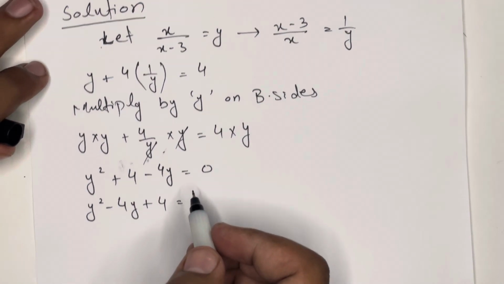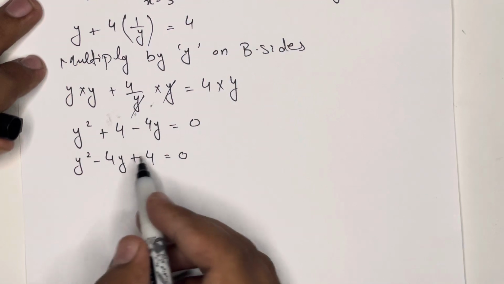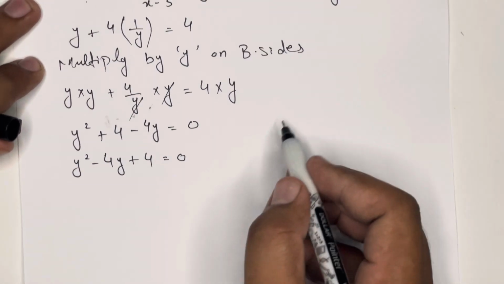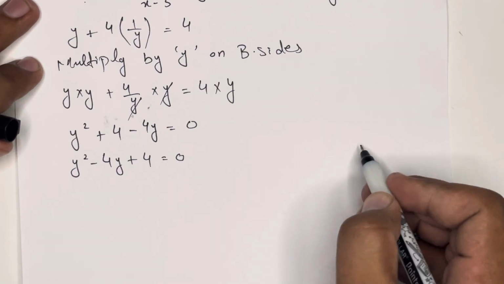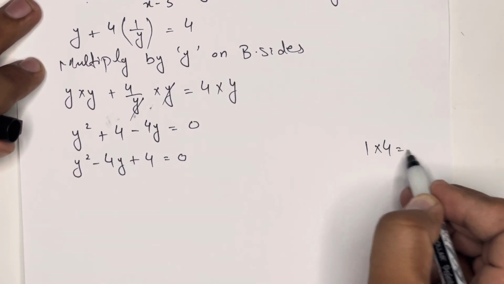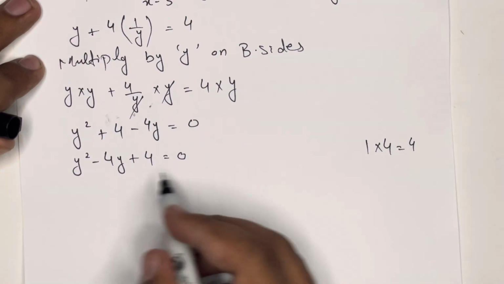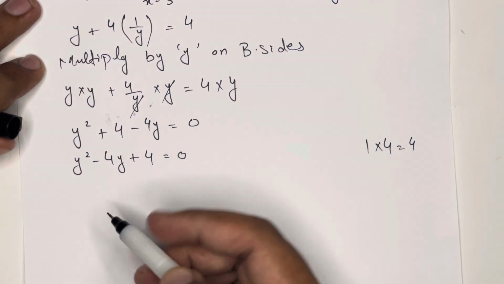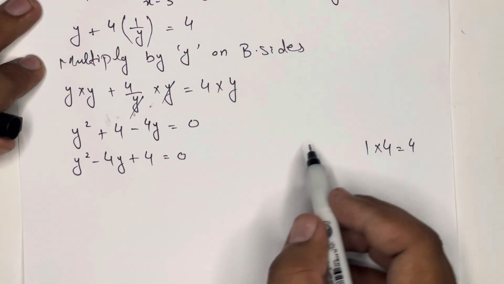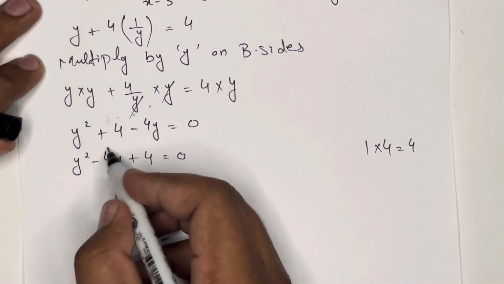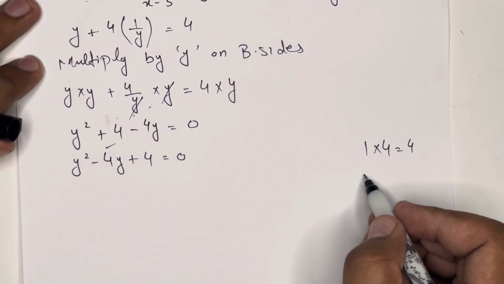Now I can do factorization. For factorization I can write 1 multiplied by 4 equal to 4, and now I need two terms. On multiplying I get plus 4, and on adding I get minus 4.